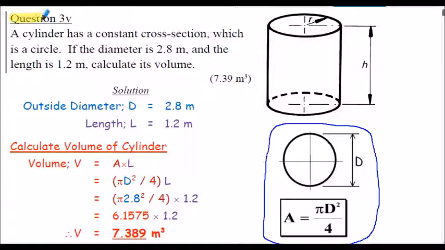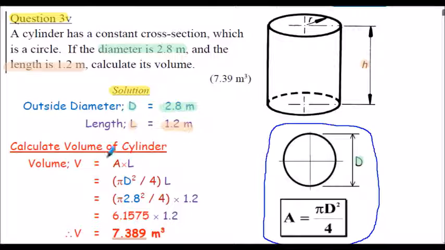Question 3V, solution. In the question we're given the diameter is 2.8 meters, so D is 2.8 meters, it's the diameter of our circle, and we're given the length or the height is 1.2 meters. I've labelled it L here for length, 1.2 meters. Sometimes it's denoted as H for height, but they are often interchangeable terms.